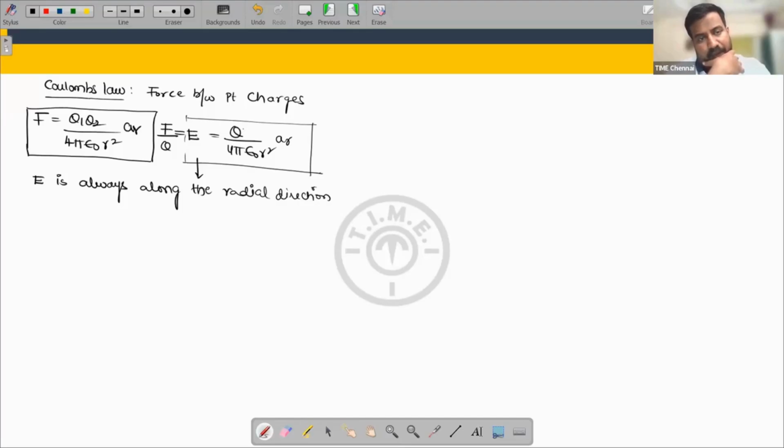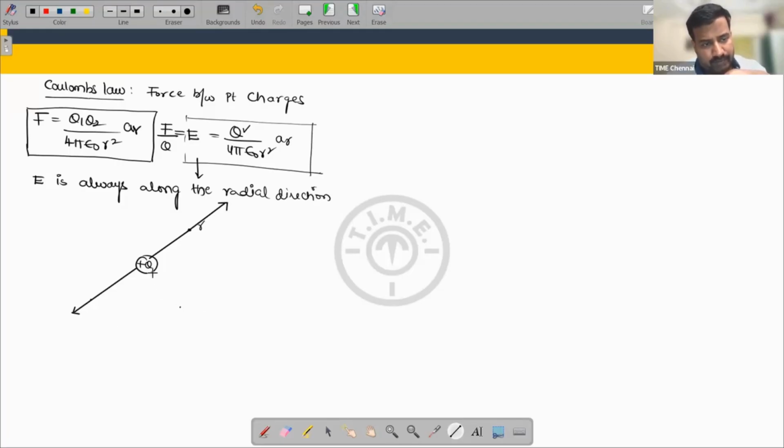For example, if you consider a positive charge Q, and I want to find the field at some distant point R, from this formula it will be along AR, in this way. Take one more point, it will be in this way.